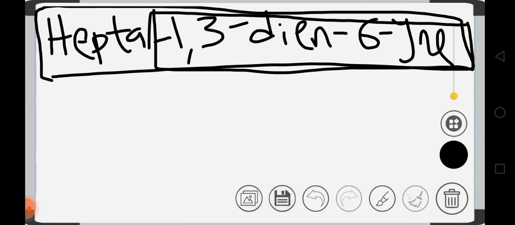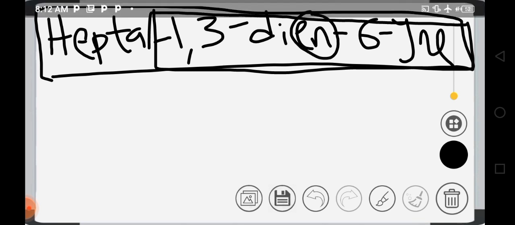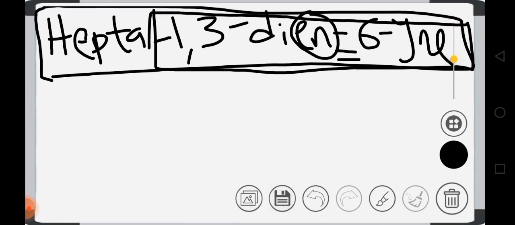This is just telling us the position of the bonds. Remember, ene means double bond. Yne is talking about triple bond.